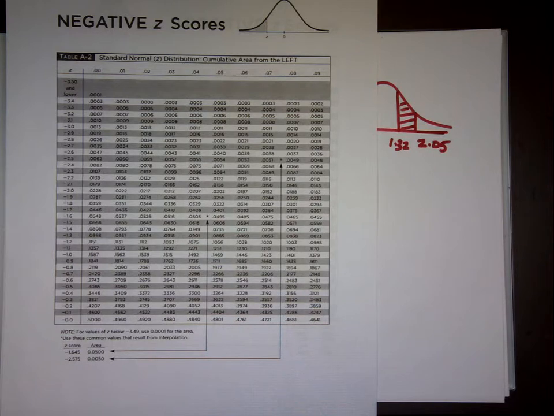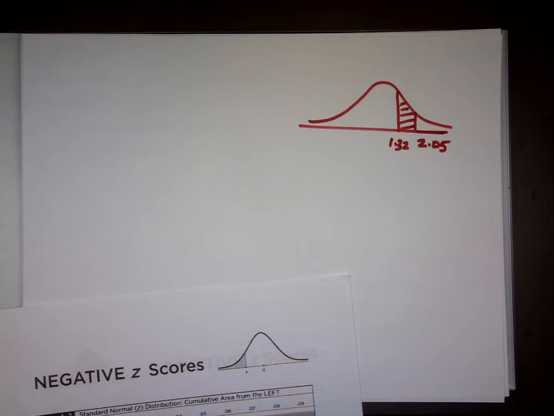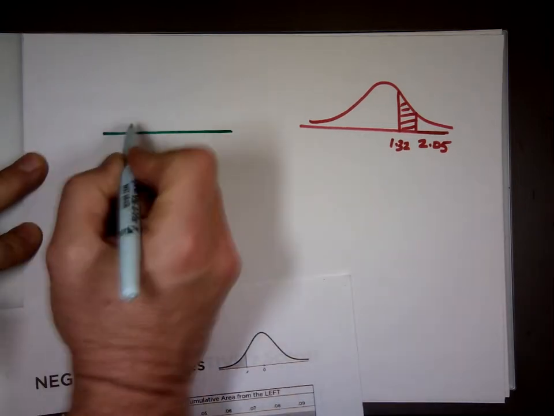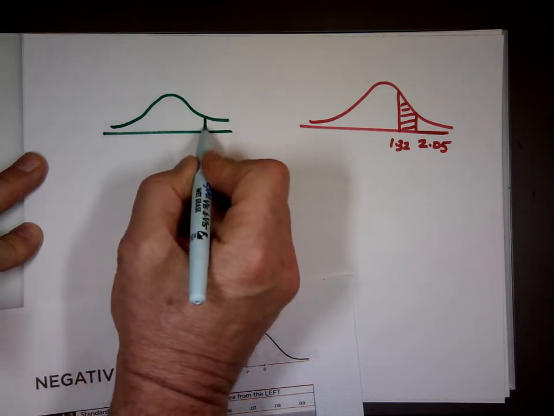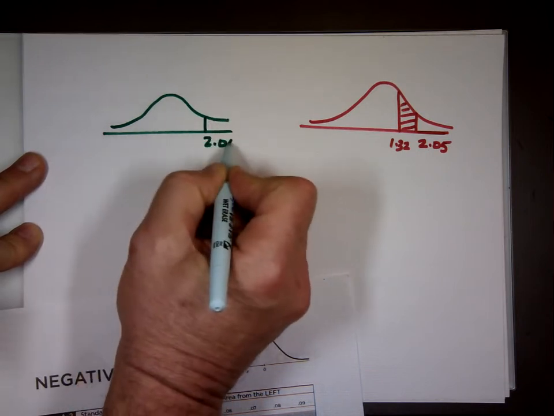So how are we going to find that? Well, if you look at that picture, if I just did the 2.05, I'll do it in two steps. If I did the 2.05, I'm going to get this area.